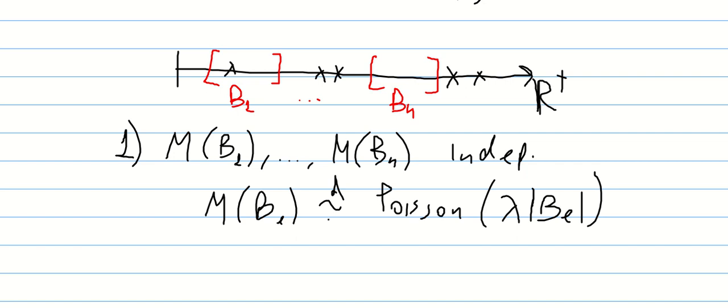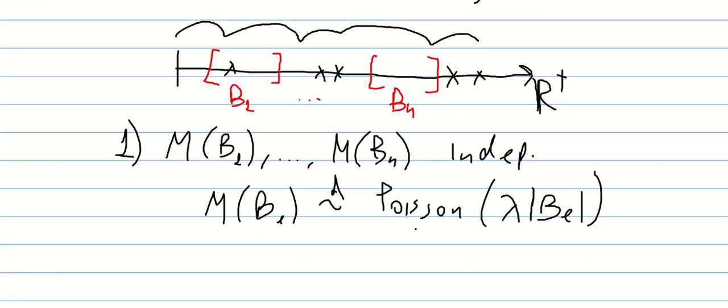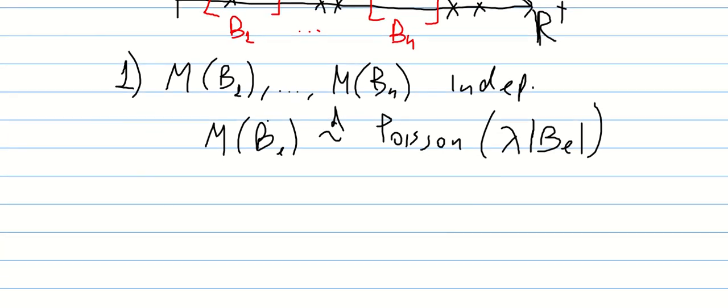This is exactly the distribution of points that we observed for our other construction of the Poisson point process using exponential jumps. So if you remember the construction we had before, we proved exactly this statement. So this is a nice observation.